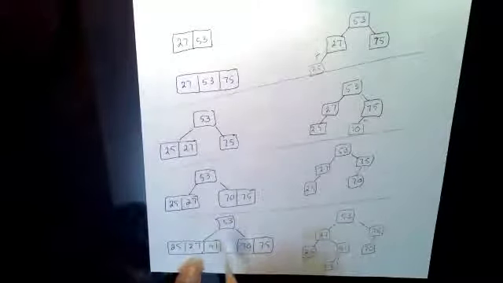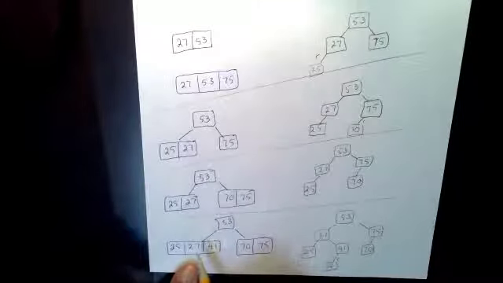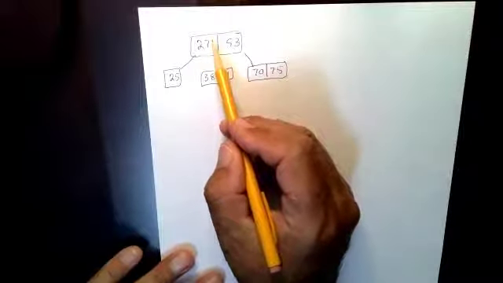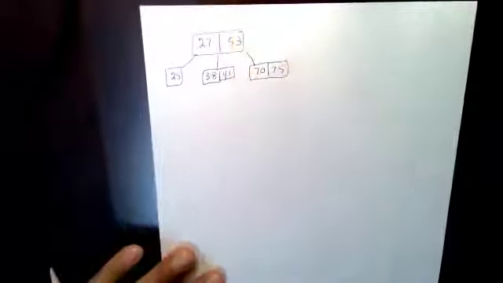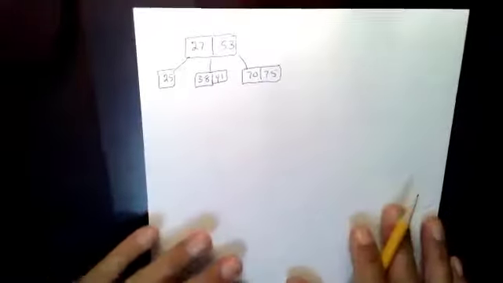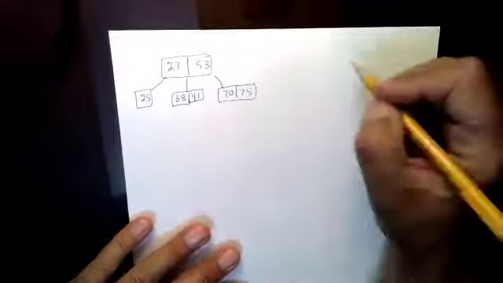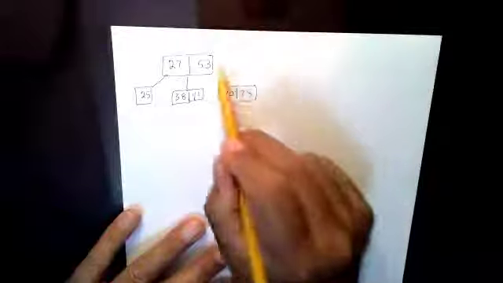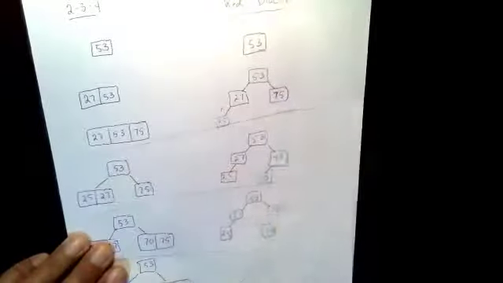I know it's not the most exciting, but it's kind of cool in a way. When I added 38 to this node, 27 went back up and became a sibling to 53. Yeah, okay. So let's draw this. Let's draw the result, and then we'll go back and look and see what happened to the tree. In fact, here's the tree. 53, 27, and 75.